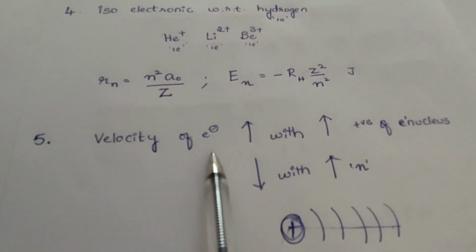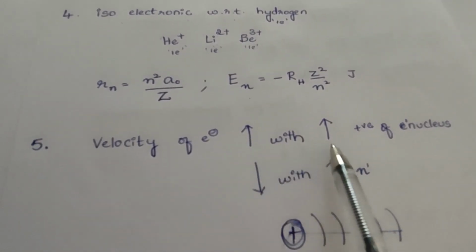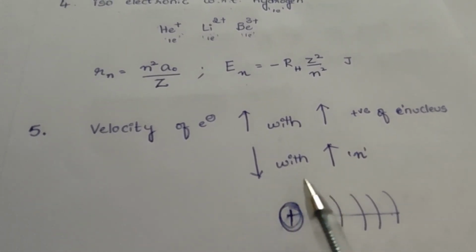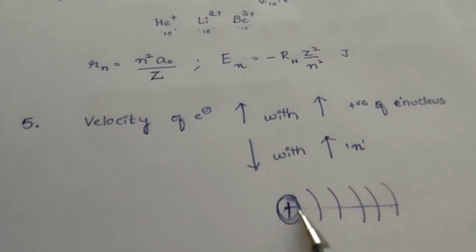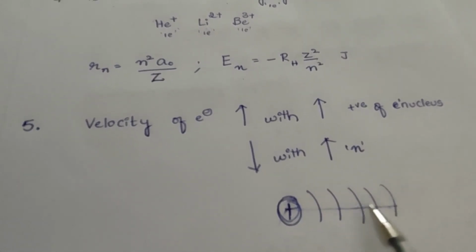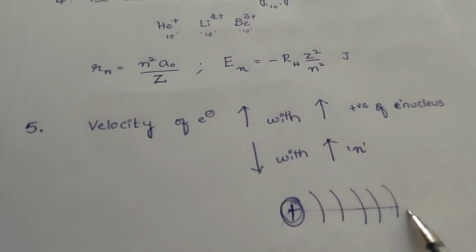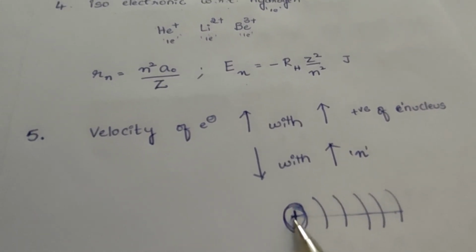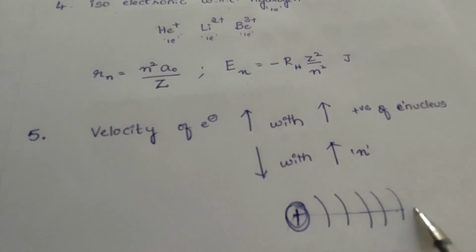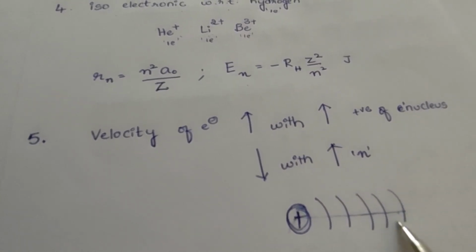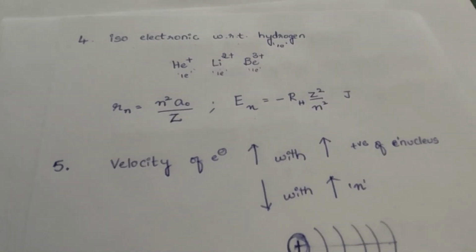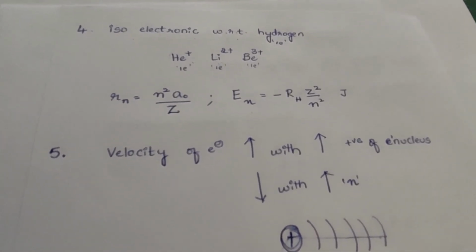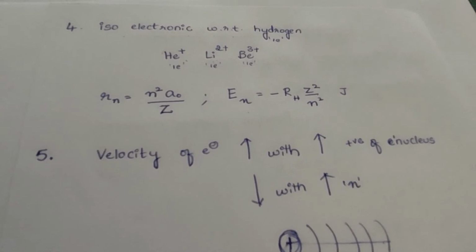The velocity of the electron increases with an increase of the positive charge of the nucleus, and the velocity of the electron decreases with an increase in the number of the stationary state, that is, the distance between the electron and the nucleus. If the distance between the electron and nucleus increases, the velocity of the electron decreases. This is the theory given by Bohr for the hydrogen atom.